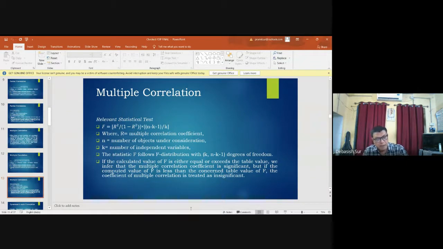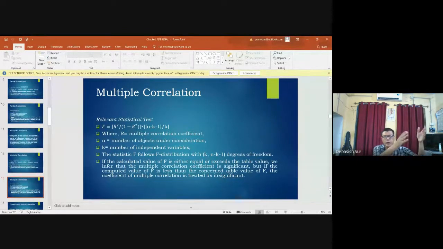So in our example, the number of independent variables is 2: the amount of fertilizer used and the amount of rainfall. So k equals 2 here. The degrees of freedom are k and n minus k minus 1.